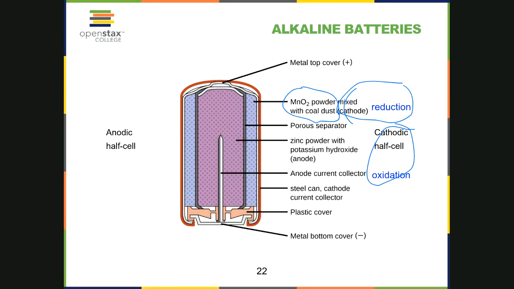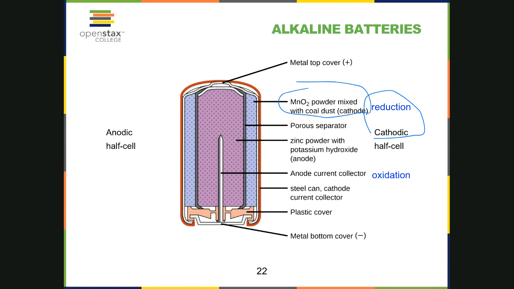Let's just erase and start over again. We've got the cathode where we have the reduction, that's this powder, and then where we have our oxidation, which is the anode, they're calling it a current collector, and that is essentially a steel rod going up the middle of the packaging.